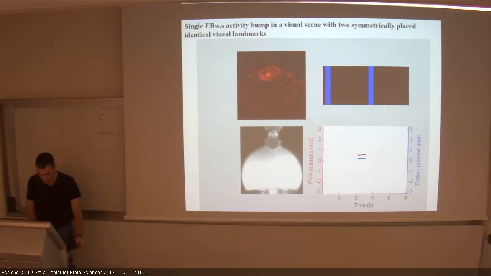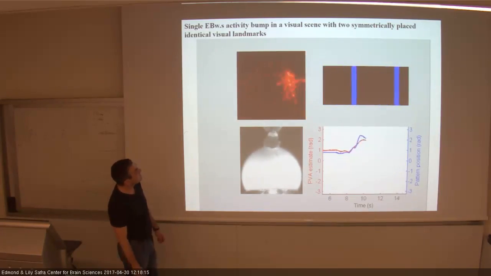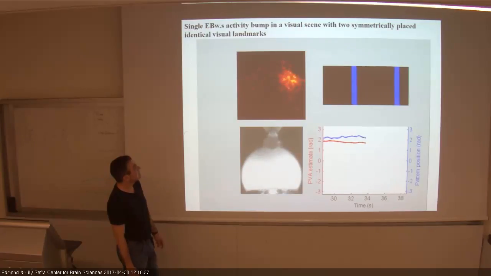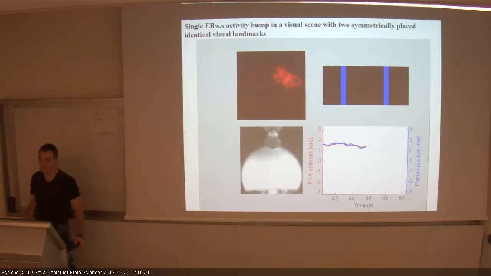So these are two bars, and again you see one bump of activity. The idea is that these neurons encode a global measure. Again, I did not control for your issue, which is a motor response, a global measure.